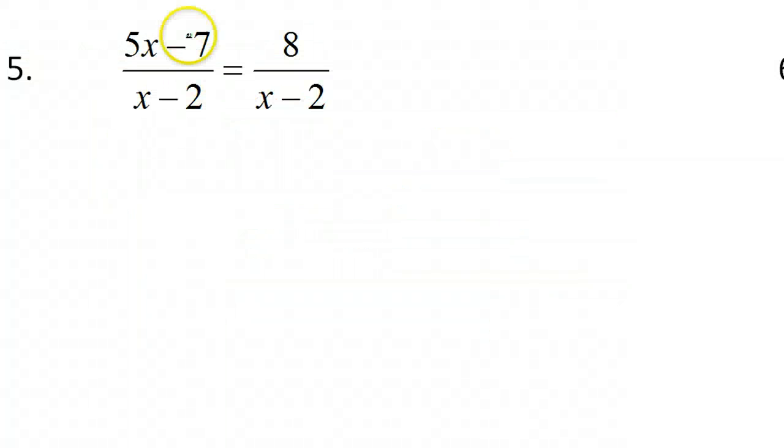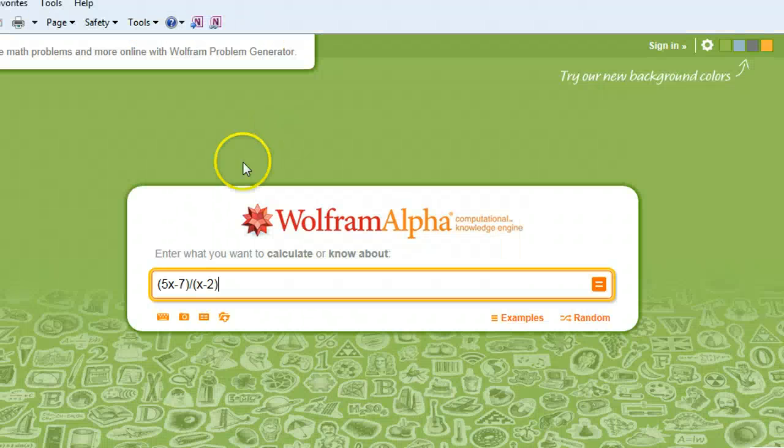I think that's what it was: (5x - 7)/(x - 2) equals 8 over x minus 2. So I can go equals 8 over, but for the binomial, again, I have to put it in parentheses. As long as you do that with the parentheses, Wolfram Alpha will probably understand what in the world you are talking about.